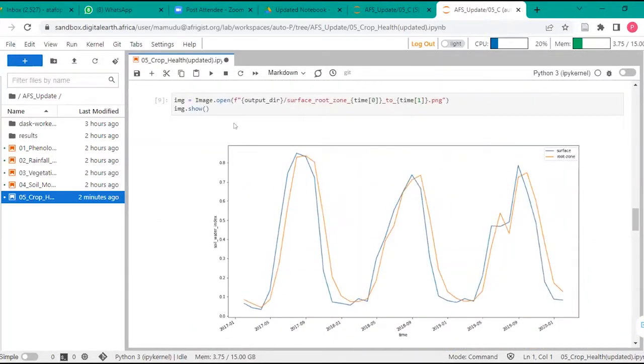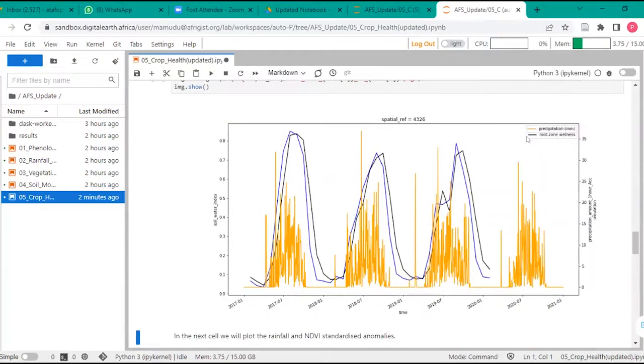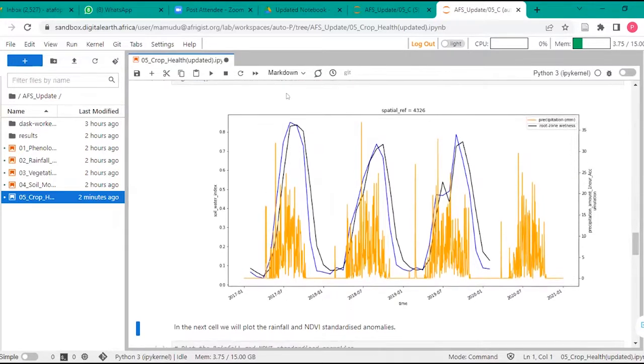So just before the interruption, we were able to bring in the surface moisture and root zone moisture. Now we are bringing in a comparison between the precipitation, which is the amount of rainfall, and the root zone wetness. This graph shows us the root zone wetness and surface moisture on the same graph with the amount of precipitation.